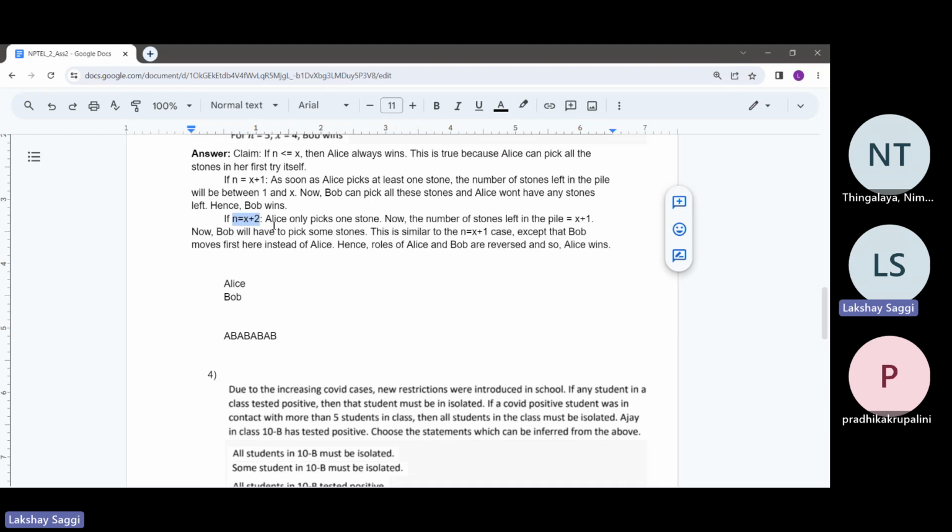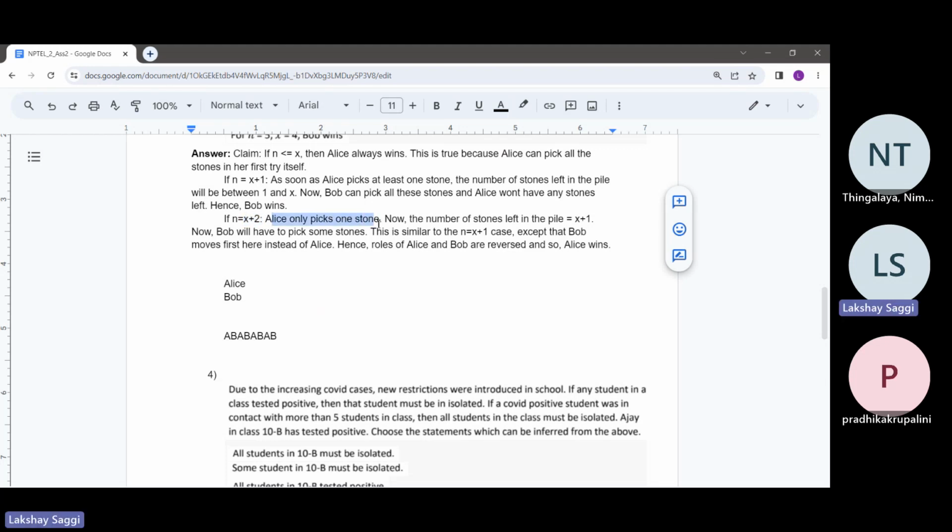This is true because Alice is just the person who moves first, right? So she has a choice how many stones she wants to pick. Let's just say she only picks one stone. After she picks one stone, let's see the scenario. Initially there were x plus 2 stones, right?